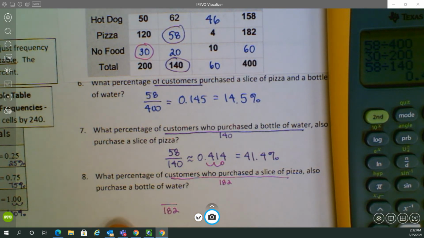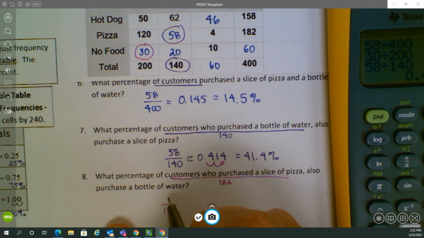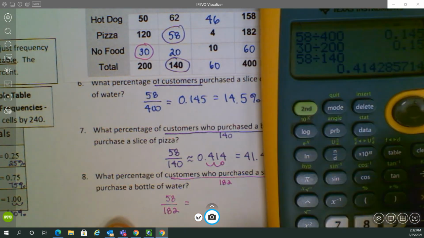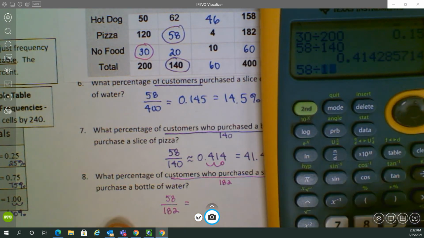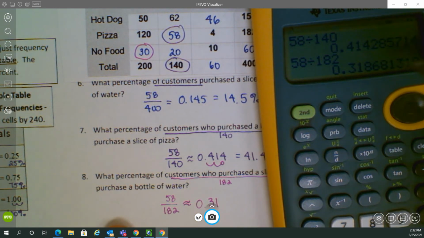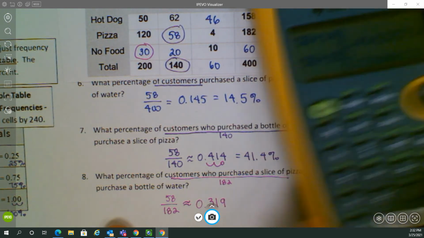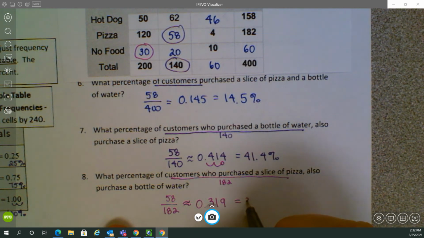Also purchased a bottle of water. So we still have our same numerator here. So it's the denominator that changed each time. So we'll take 58 divided by 182. Oh, and that's approximately equal to 31.8. What does the 6 tell the 8 to do? It tells it to round up to 9. Okay, and this becomes 31.9%.